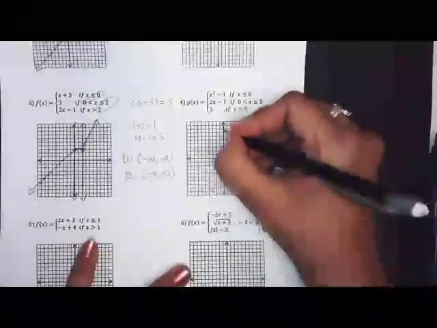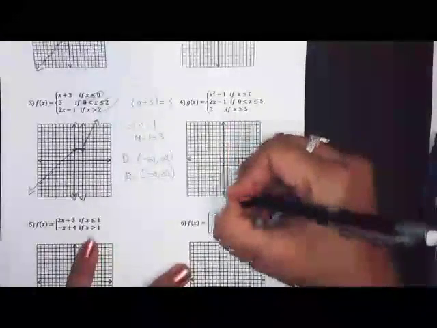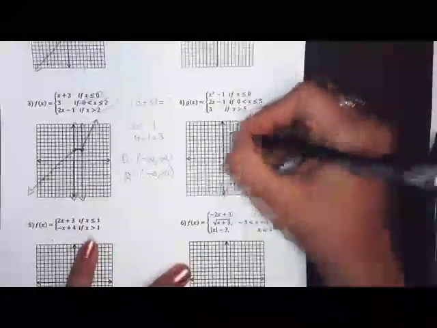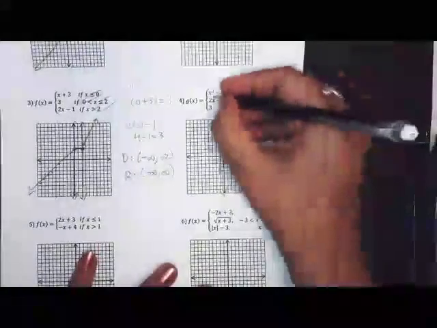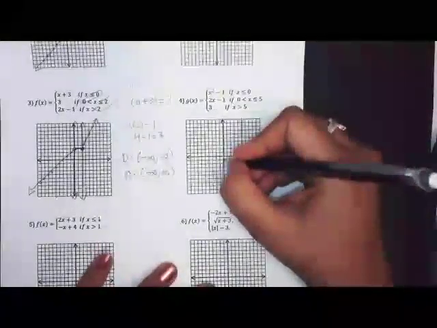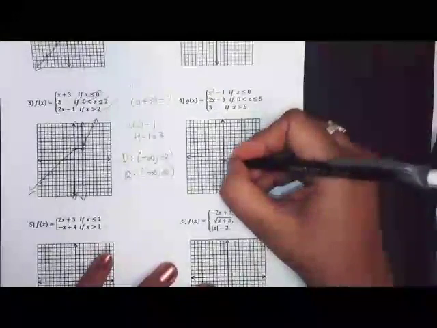Let's do this one. You have a boundary line at 0, and then you have a boundary line at 5, 1, 2, 3, 4, 5. And then if you see this, the first equation for less than or equal to 0 is a quadratic equation, but the biggest value it can take is 0, so we plug in 0, and at 0 we get a negative 1, and that's a closed circle.